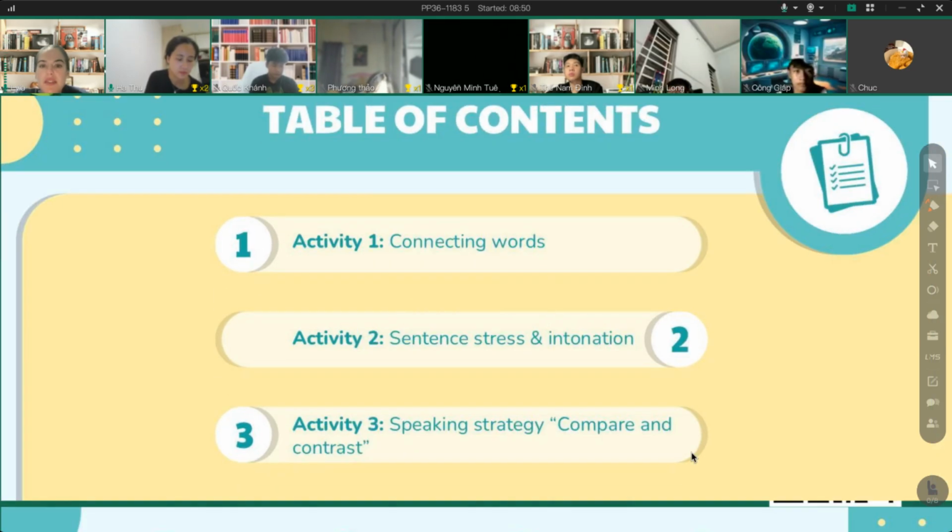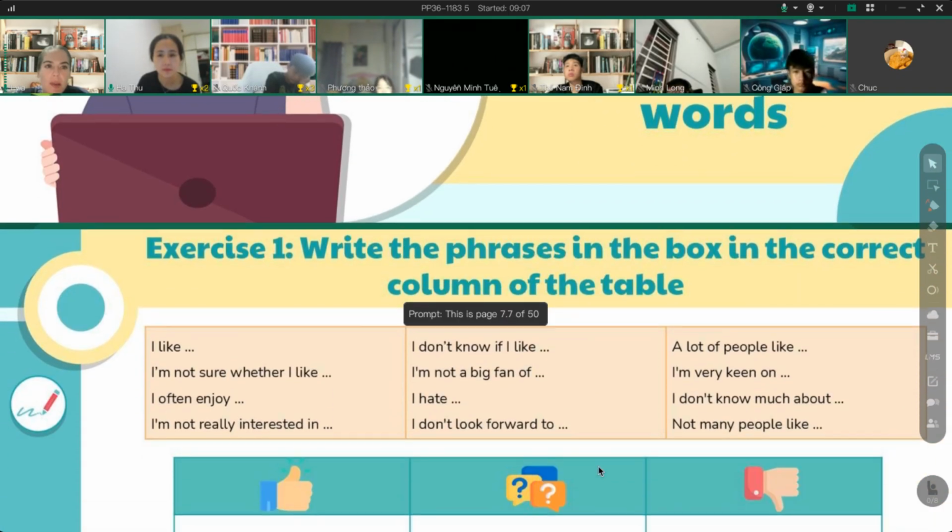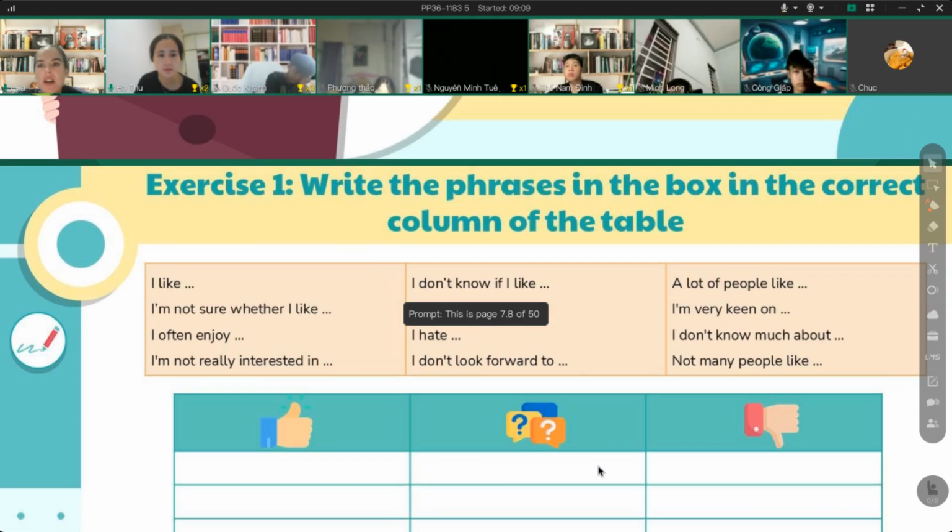Table of contents: activity 1, connecting words; activity 2, sentence stress and intonation; and activity 3, speaking strategy, compare and contrast. Activity 1 is about connecting words. Write the phrases in the box in the correct column of the table.